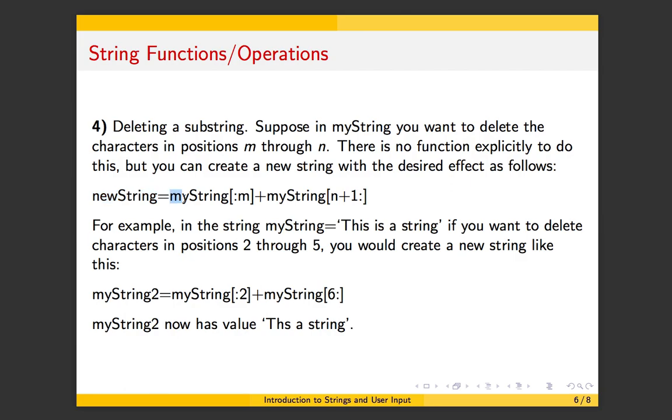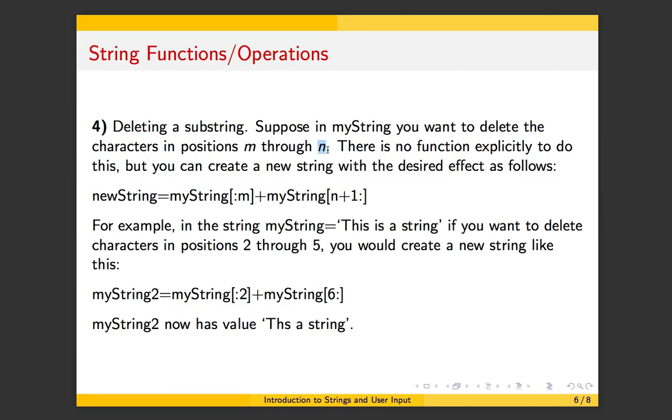This here is my string up to position M minus 1. If you want character M gone, you will stop at M minus 1. And then you'll add to that, just cram right next to it, the rest of my string to the right of what you wanted gone.